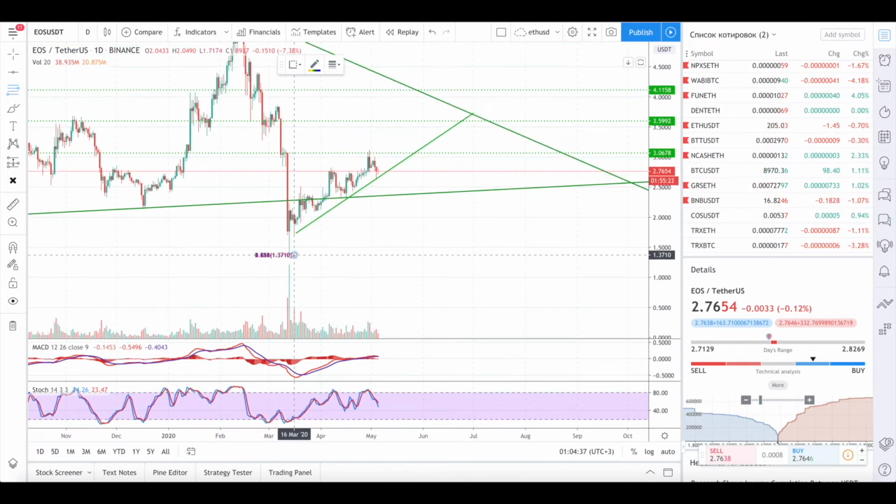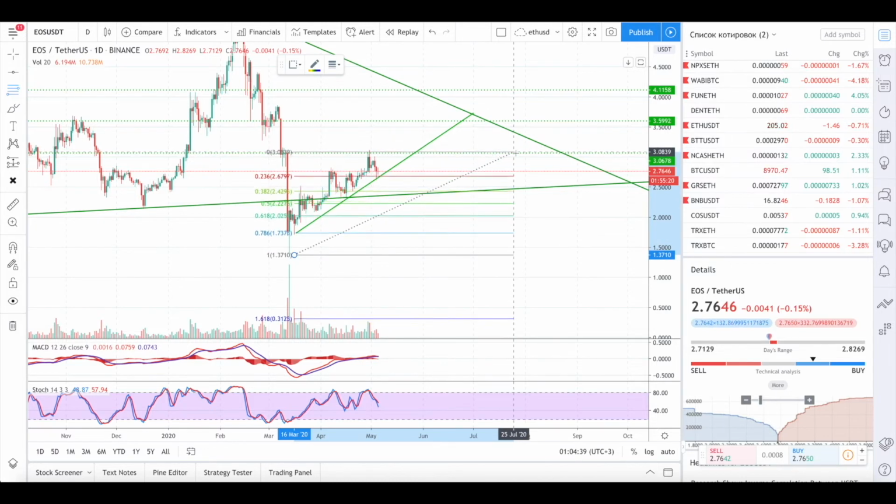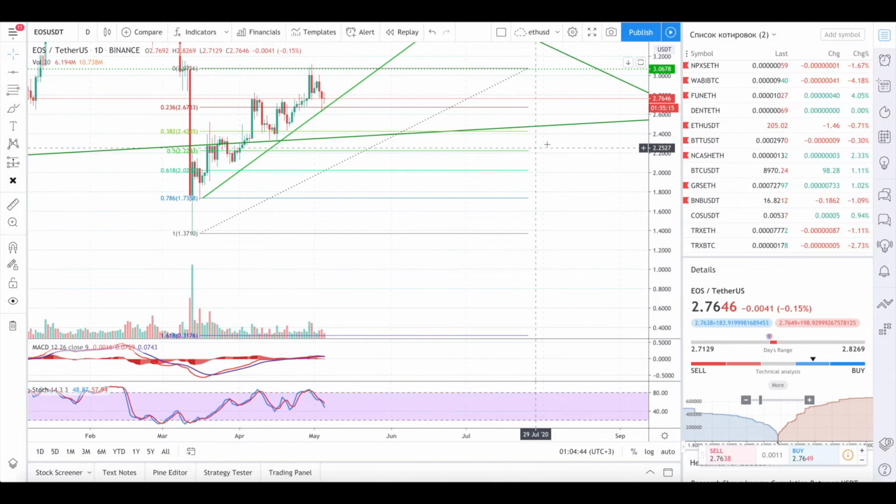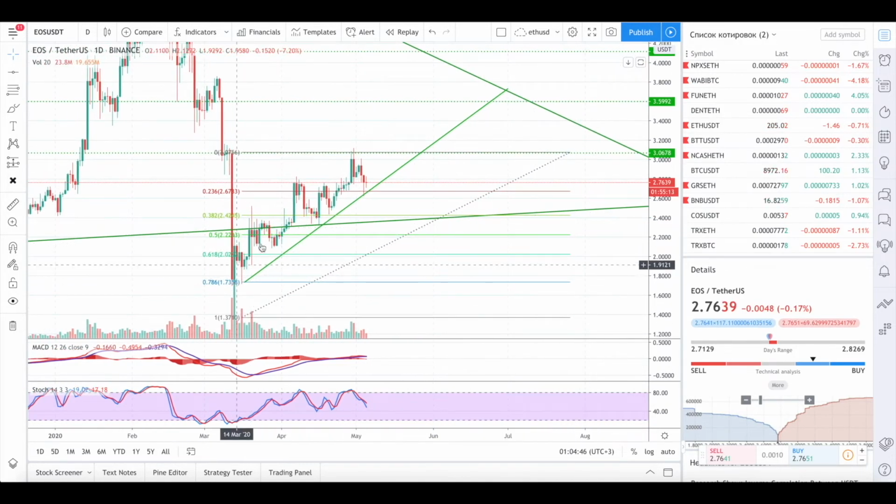If we set up Fibonacci retracement and look at the situation, most likely after such a strong impulse, the price will be corrected until 0.5 on Fibo.